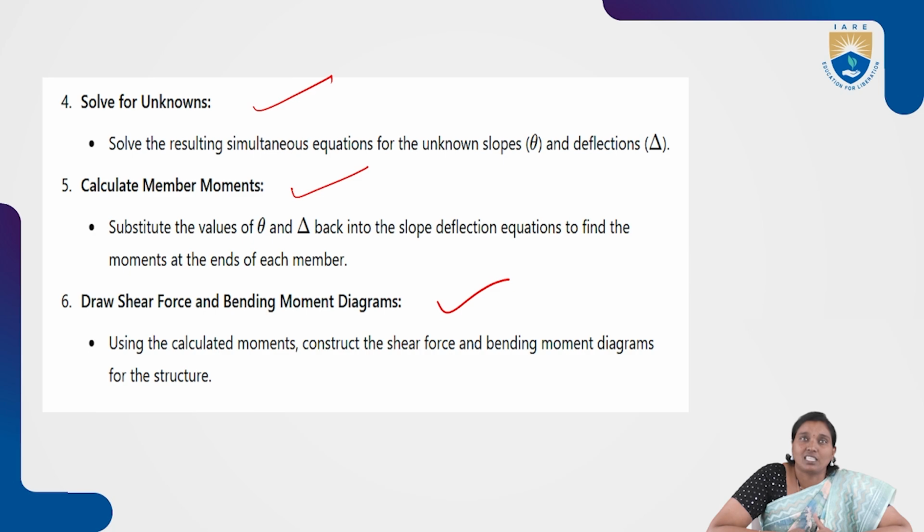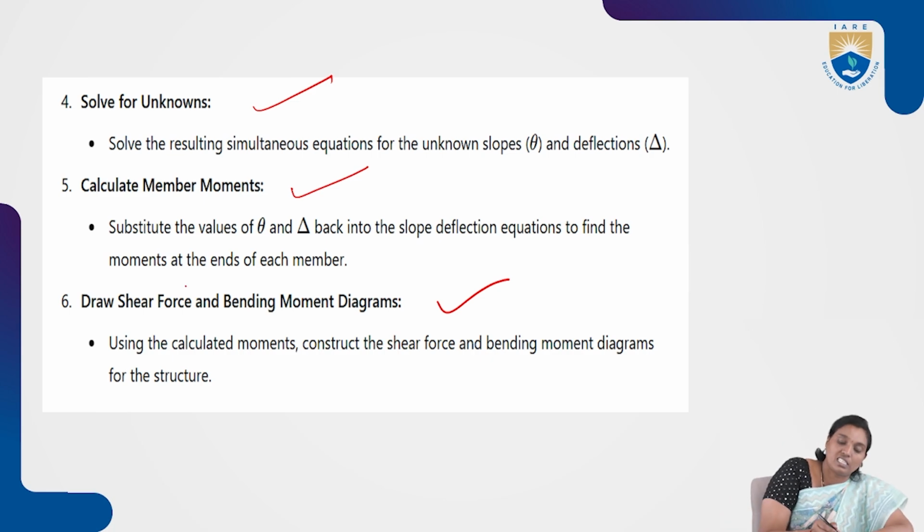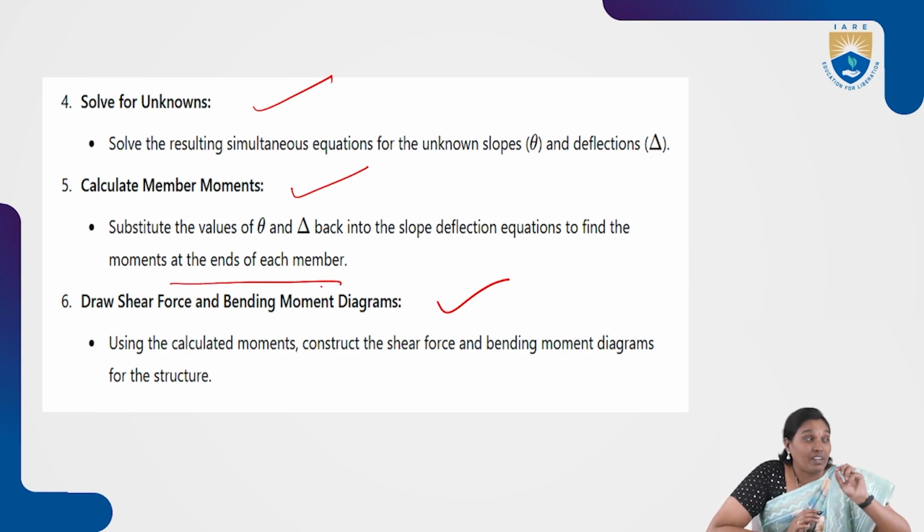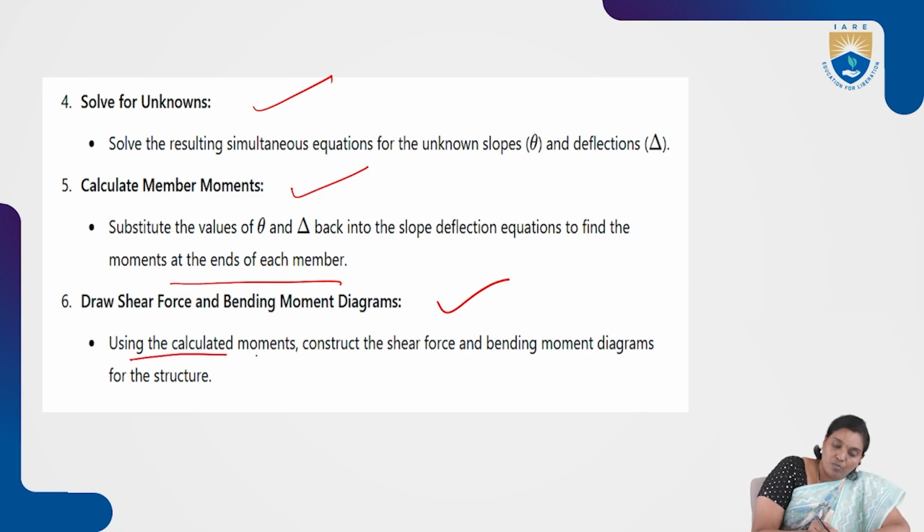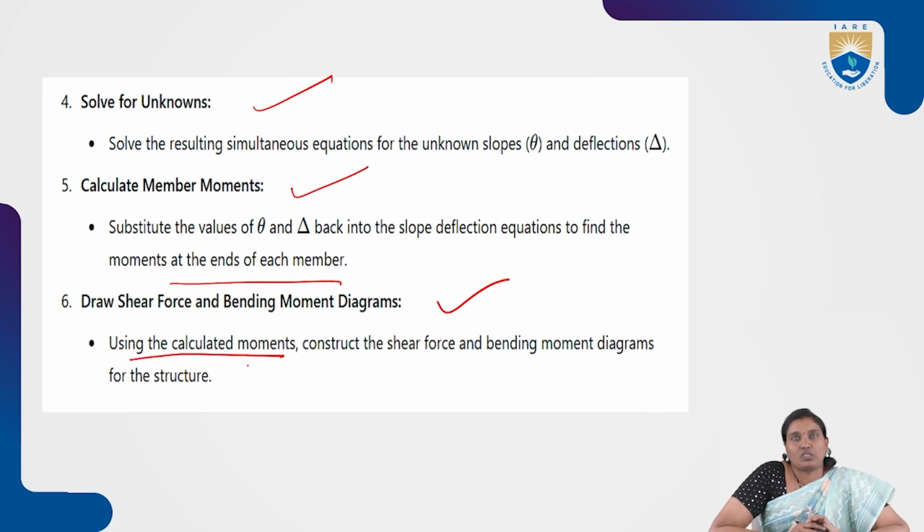Solve the resulting simultaneous equations for the unknown slopes and deflections. Substitute the values of theta and delta back into the slope deflection equations to find the moments at each end of each member. Then draw shear force and bending moment diagrams using the calculated moments, and construct the shear force and bending moment diagrams for the structure.